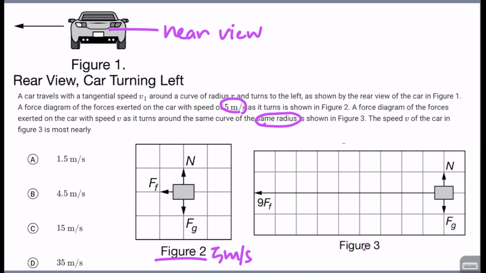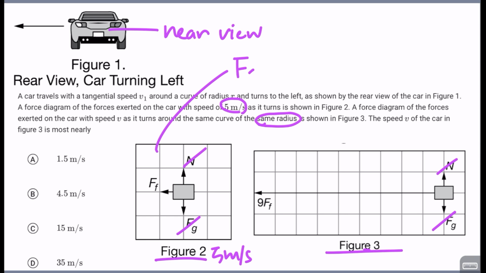In figure 2, obviously centripetal force is equal to this amount of friction force, and centripetal force, according to the formula, is mv squared over r. Well, in figure 3, now I observe that the centripetal force has become 9 times greater. So it's 9 times the ff. And because it's still the same car, the mass is the same, and it's still the same radius, so the radius is still r.